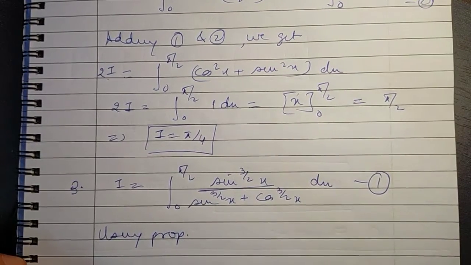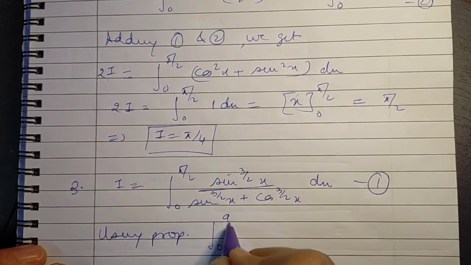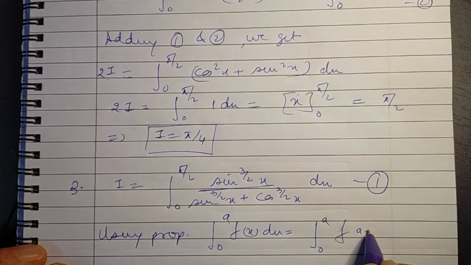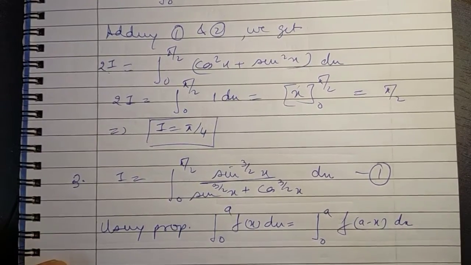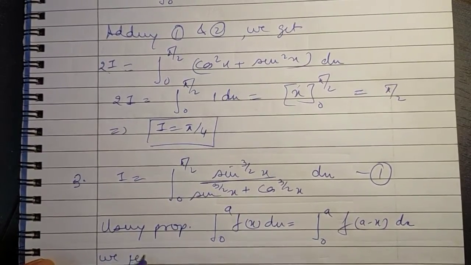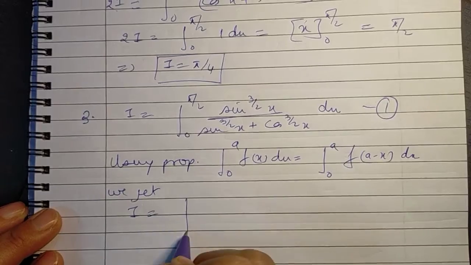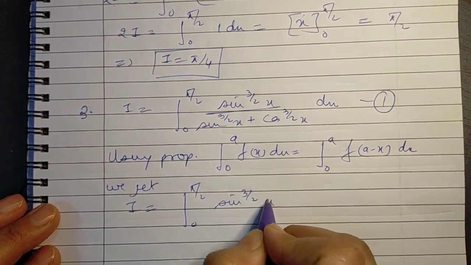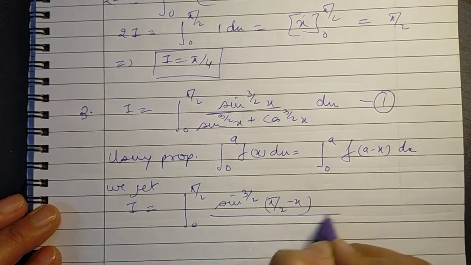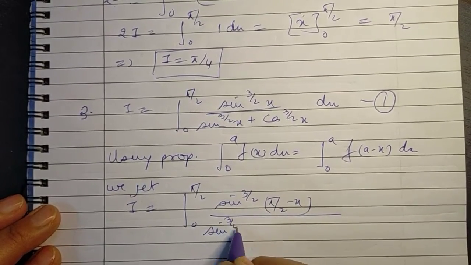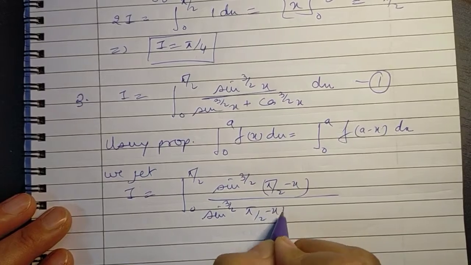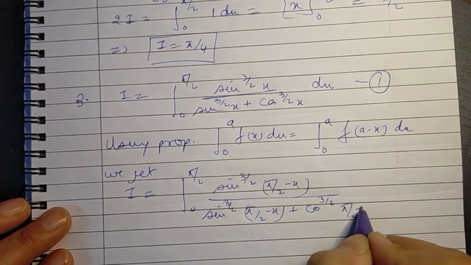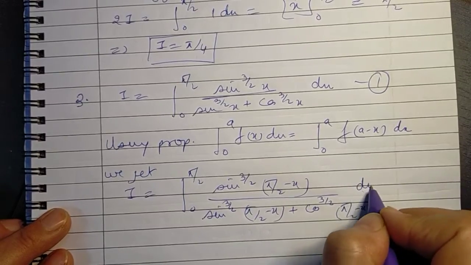Now instead of writing P4 we will actually quote the property, that is f(x) dx is equal to 0 to a f of a minus x dx. We get I is equal to 0 to pi by 2 sine 3 by 2 (pi by 2 minus x) upon sine 3 by 2 (pi by 2 minus x) plus cos 3 by 2 (pi by 2 minus x) into dx.